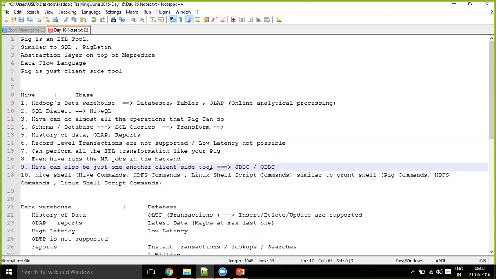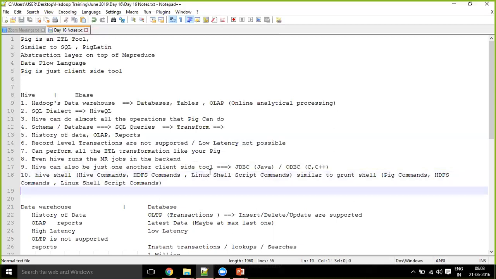If it is Java we use JDBC, and for C or C++ we use ODBC drivers.